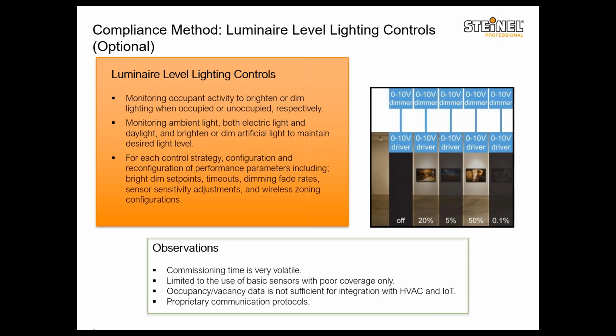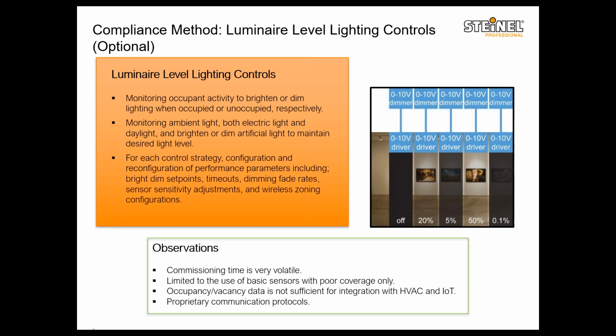It should be able to monitor occupant activity to brighten or dim lighting when the area in its coverage is occupied or unoccupied. Monitor ambient light, both electric and daylight, and brighten or dim artificial light to maintain the desired light level.